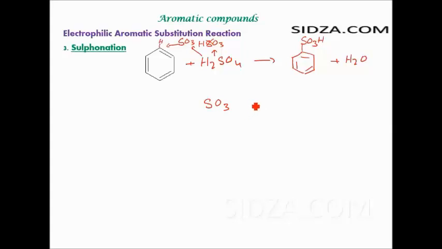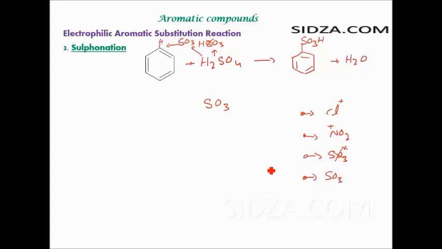In the previous two examples, in the halogenation we discussed that the electrophile is Cl positive. In the nitration we discussed that the electrophile is NO2 plus, but in the sulfonation it's not SO3 plus; rather the electrophile is SO3.